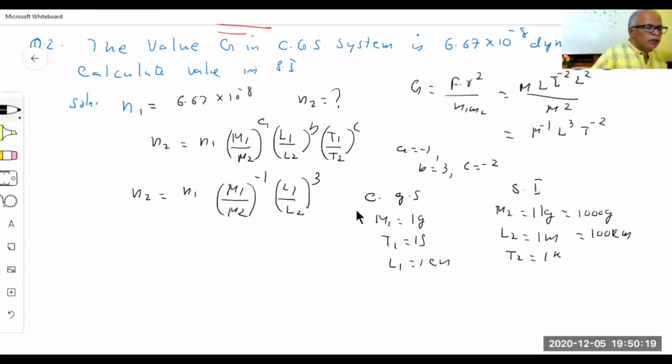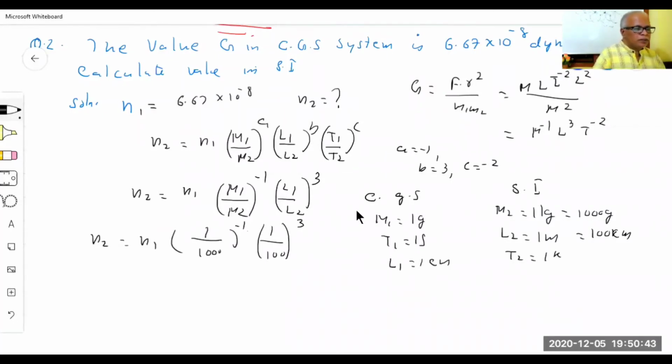They are the same only. So you have N2 is equal to N1 into, how much, 1 divided by 1000 raised to minus 1, and L1, 1 divided by 100 raised to 3.